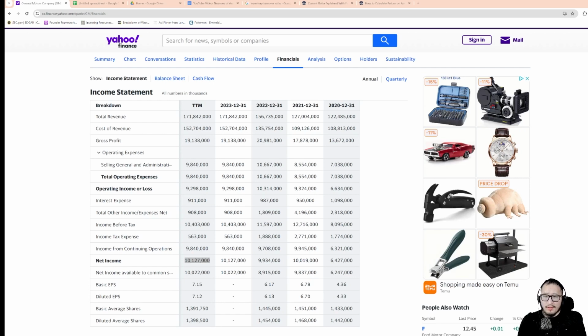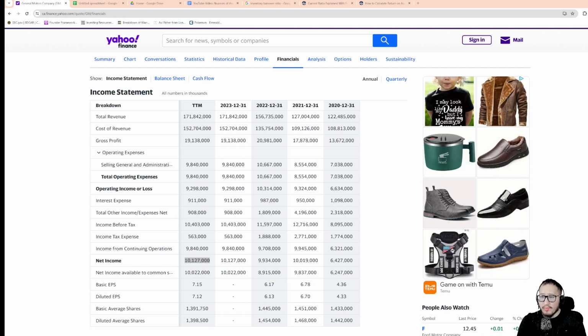General Motors, on the other hand, is a completely different story. They need to put a lot of money into maintaining their factories in order to generate a very small amount of money relative to how much they're investing. And normally, when businesses are not very efficient in using their assets to generate earnings, these companies tend to take on a lot of debt.